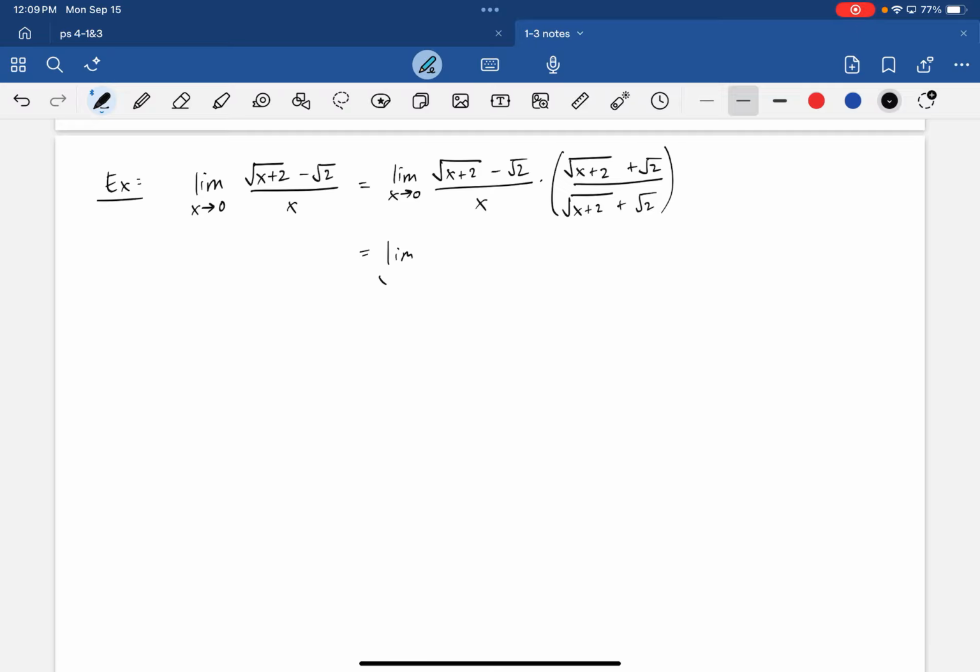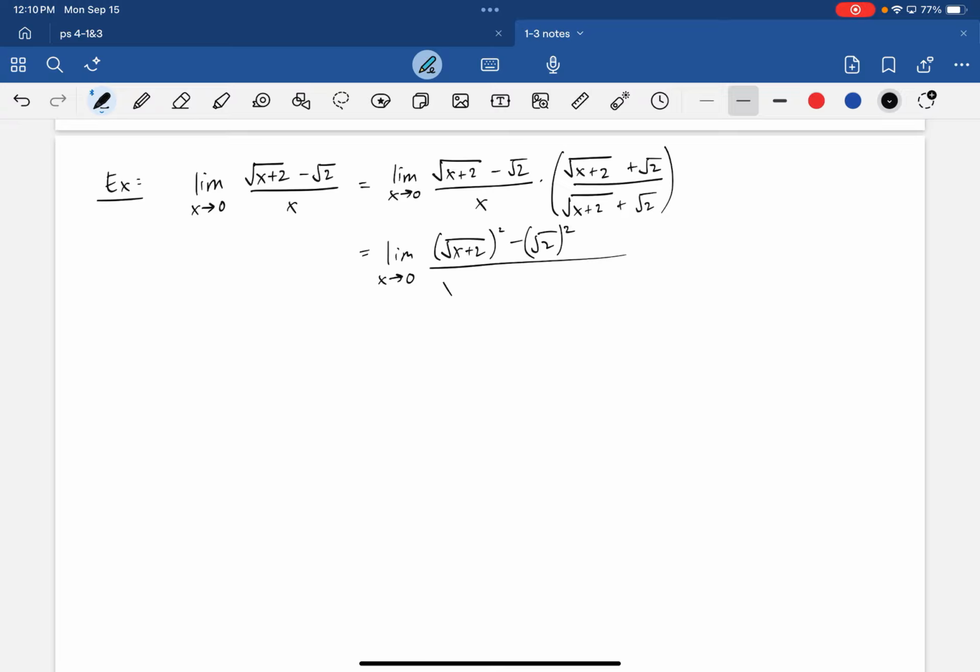All we're going to do is expand this and then see what we get, okay? So the top is a difference of squares. You guys remember the formula? a minus b times a plus b equals a squared minus b squared. So the top is simply that. What we're going to have is the square root of x plus 2 squared minus the square root of 2 squared.